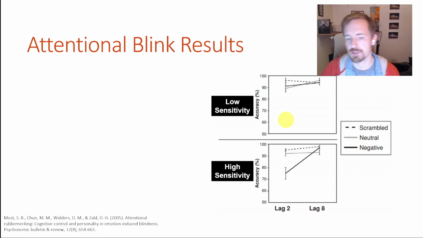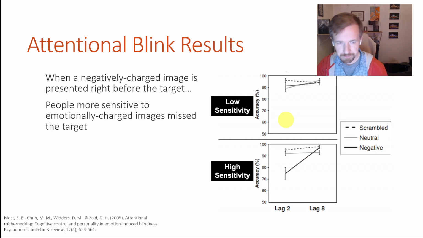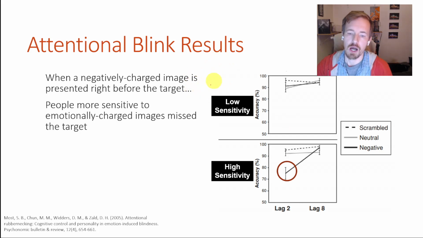And you can see the results here that when we have people who are not sensitive to domestic violence, we don't really see a difference between the neutral or the negative.